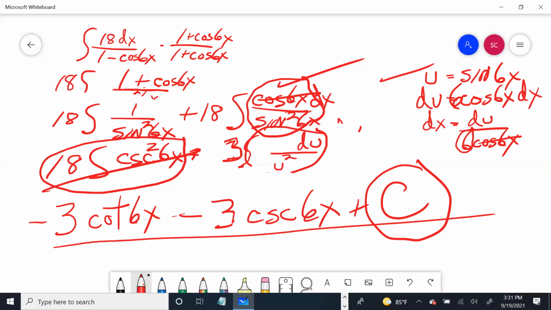And it turns out to be a critical tool in integration and differentiation. Because sometimes you end up with polynomials that cannot be integrated unless you change them into trig functions. And then you can integrate the trig functions and then you change them back into the polynomials.